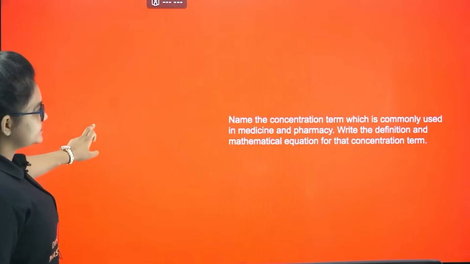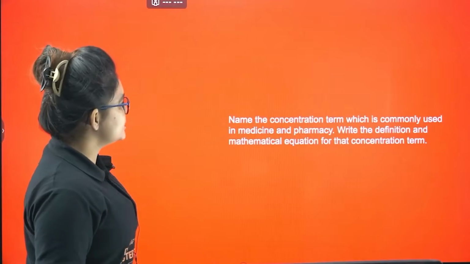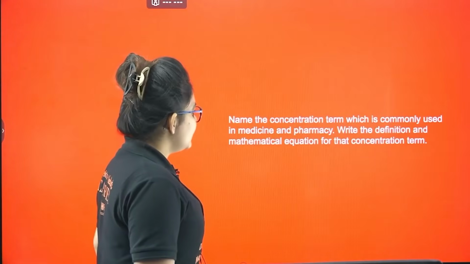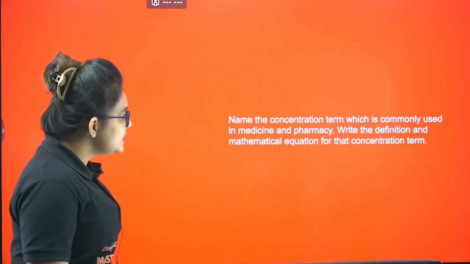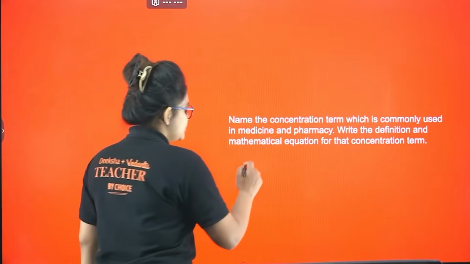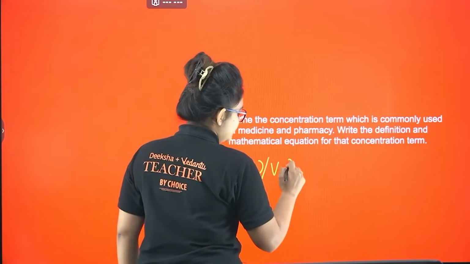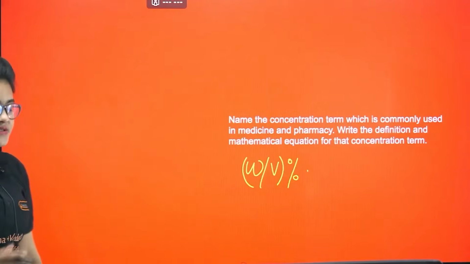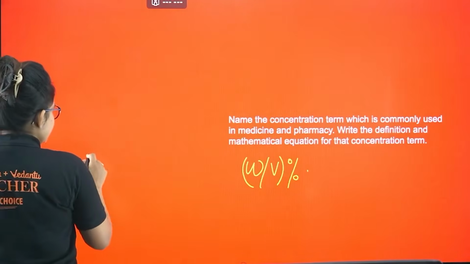Let's proceed. Name the concentration term which is commonly used in medicine and pharmacy. Write the definition and mathematical equation for the concentration term. So weight by volume percentage, this is something that we use for pharmaceutical purposes.